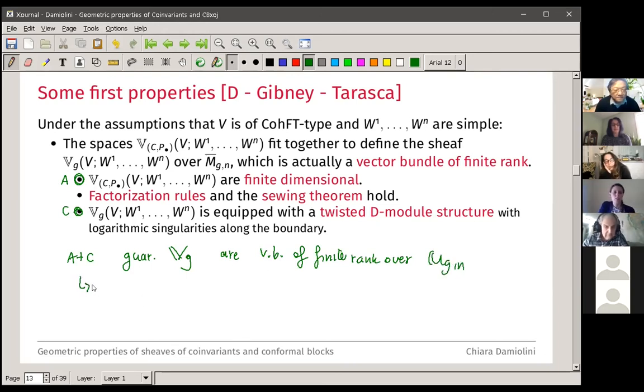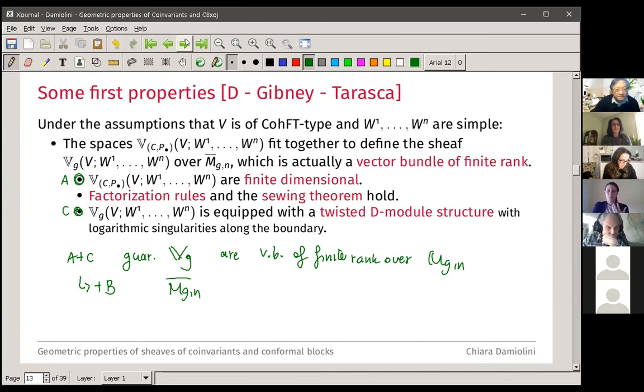And this together with B, we say, okay, the result is true also over the closure, so also on the boundary. So these properties are fundamental, for example, factorization rules are fundamental to compute the dimension of this space, and so give the Verlinde formula that all of us, or many of us, know, and the importance that this has had.